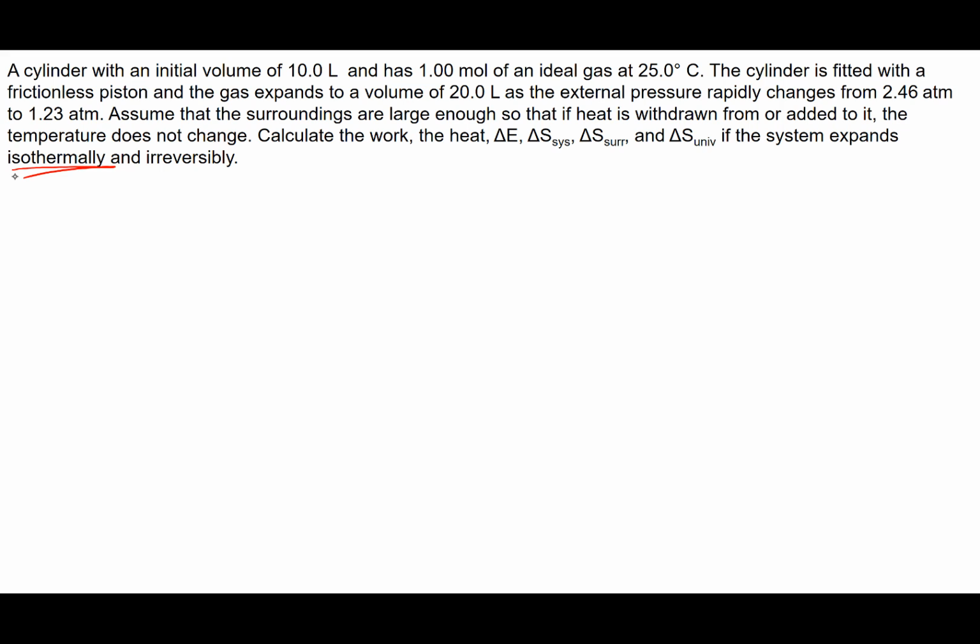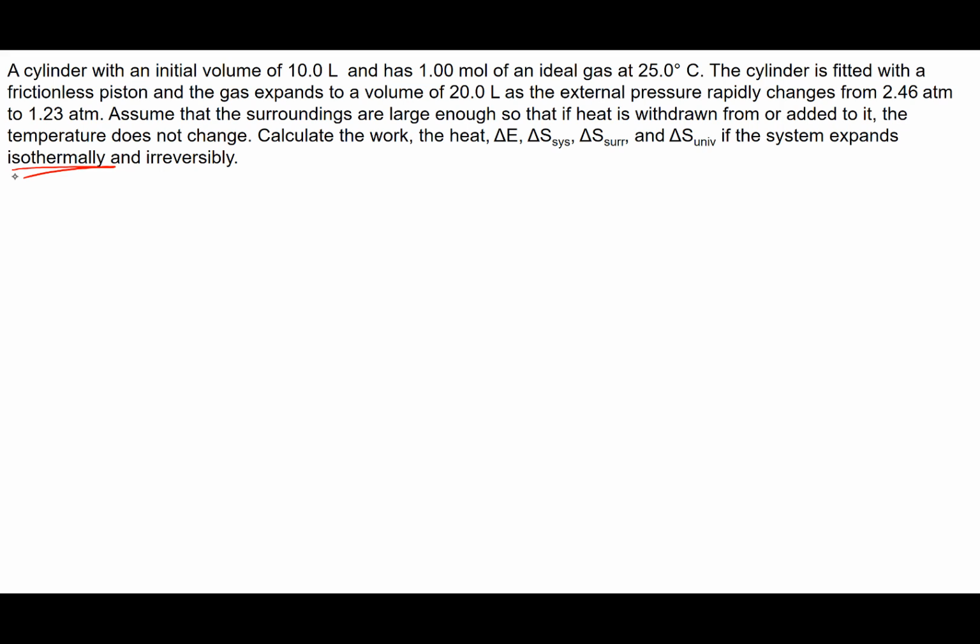That changes how you approach the problem, because instead of an infinitesimally small change in volume and pressure over time at a constant temperature, it's a rapid adjustment. That directly alters how much work is done and how much heat is released or put into the system, and it also changes the entropy of the system and the surroundings.